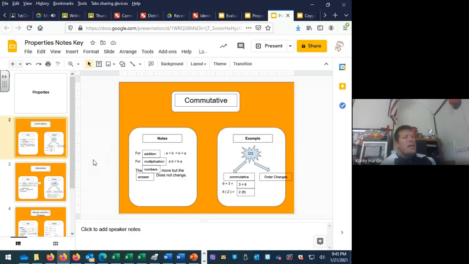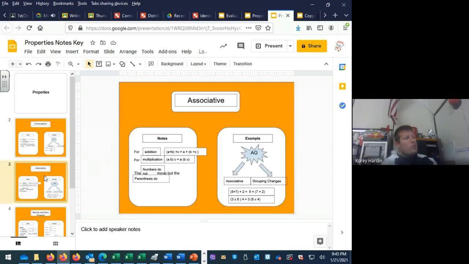So there's that. Now, I'm going to come back to commutative property in a second because the one that most people confuse with commutative property is associative. So associative property, once again, we have associative property for addition and associative property for multiplication. Now, if you will, go ahead and type those in. But with this, your definition, the numbers do not move, but the parentheses do. Okay?